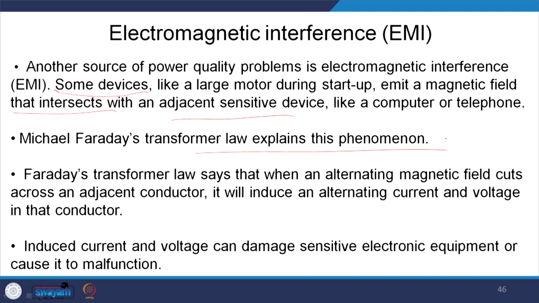So, it is nothing new for us, but how to mitigate this problem is also a big challenge. Transformer law says that when an alternating magnetic field cuts an adjacent conductor, it will induce an alternating current and voltage in the conductor.